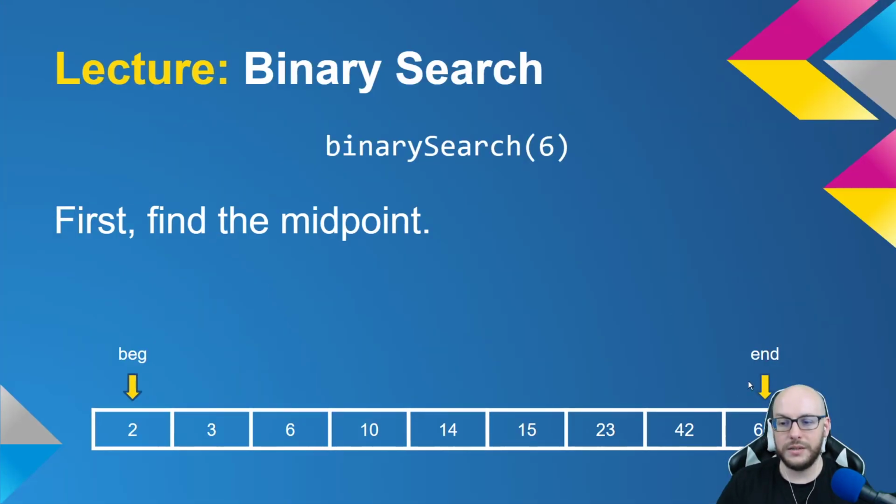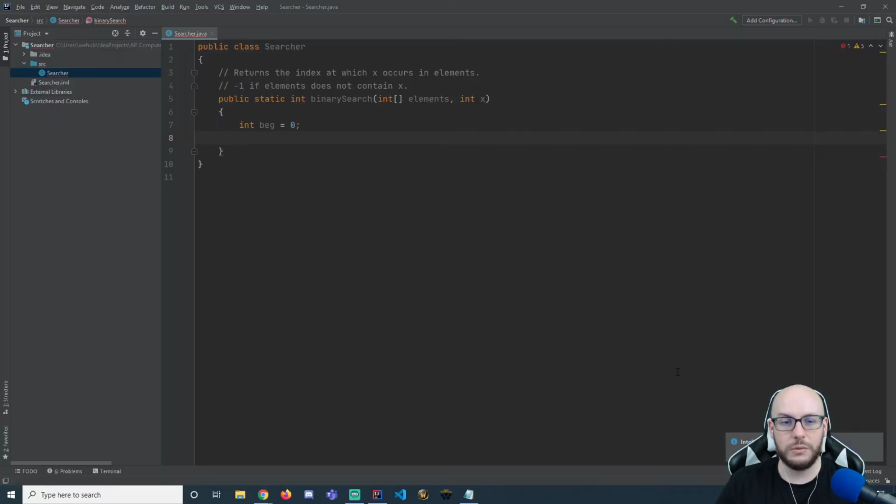Okay, what about end? Well, in theory, if this is 0, this had 9 elements. I got 9 elements, so this is index 9, right? No, right? Because index 0, we're going to be offset by 1. This is index 8. Simply put, you want to do that dynamically based on elements.